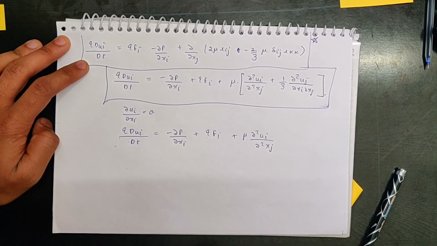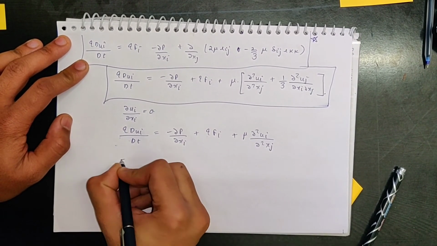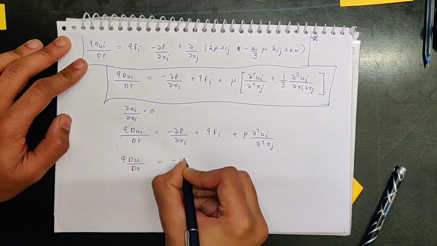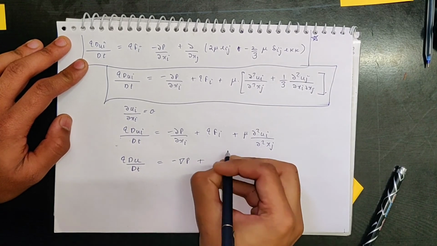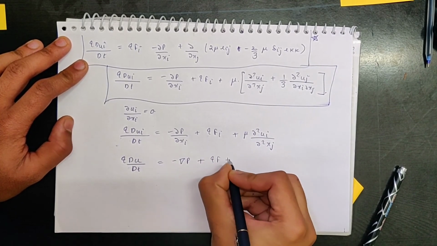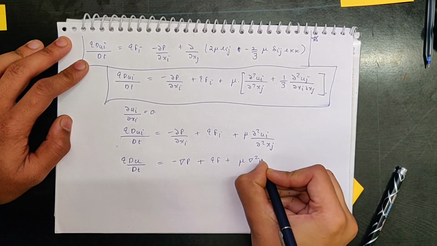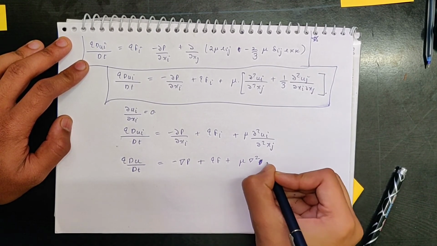And now by introducing the notation of vector calculus, we can write it as minus gradient of p, not mu, it's u.